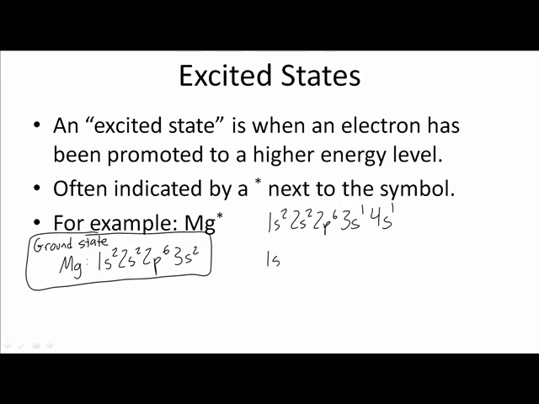So you could have 1s2, 2s1, 2p6, 3s2, and then 4s1. There you're promoting an electron from 2s up to 4s. You could have 1s2, 2s2, 2p6, 3s1, and then promote one of those electrons to 7f1. Pretty much anytime you promote an electron to a higher energy level, that would be an excited state.